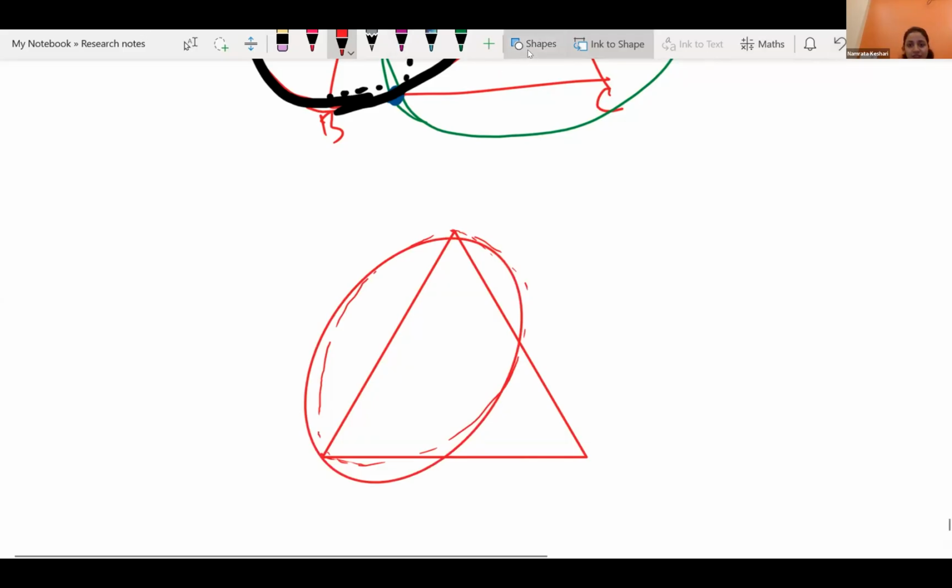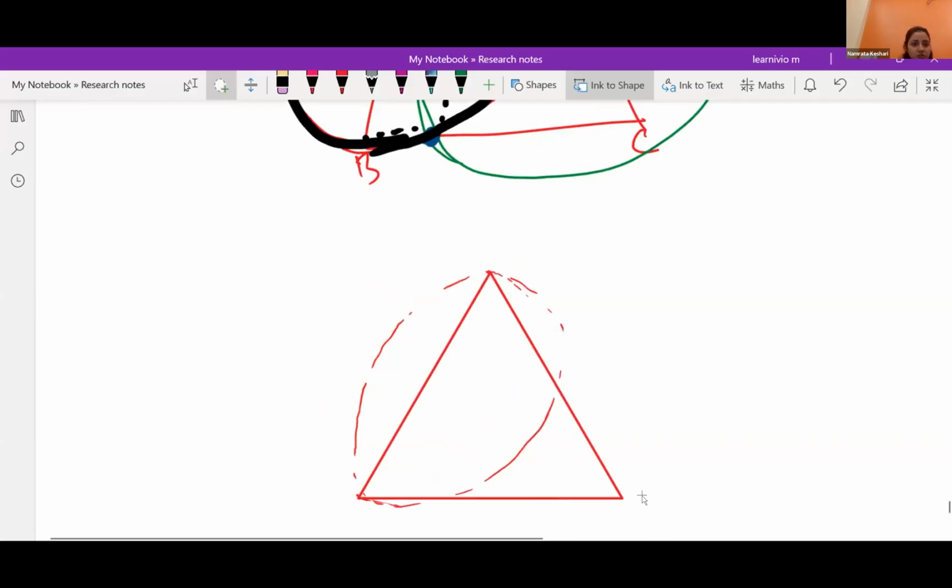Wait. Why doesn't it allow me to take the shapes?